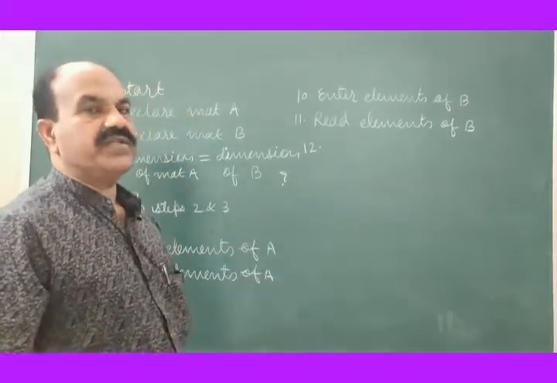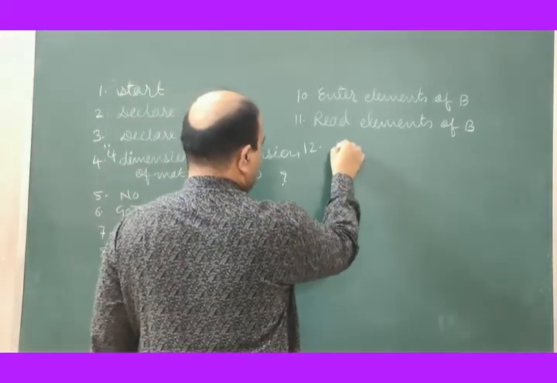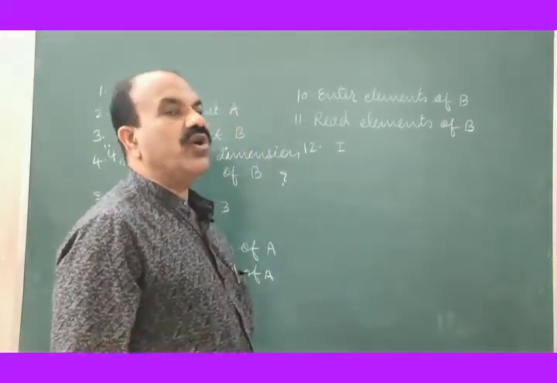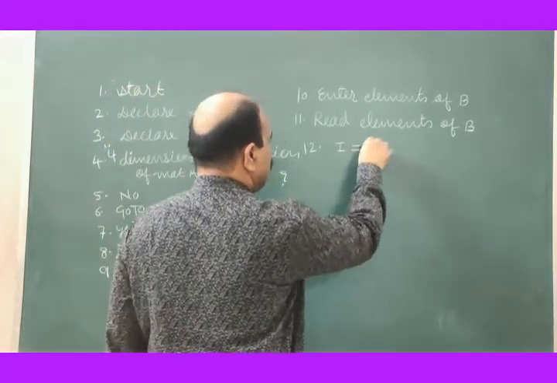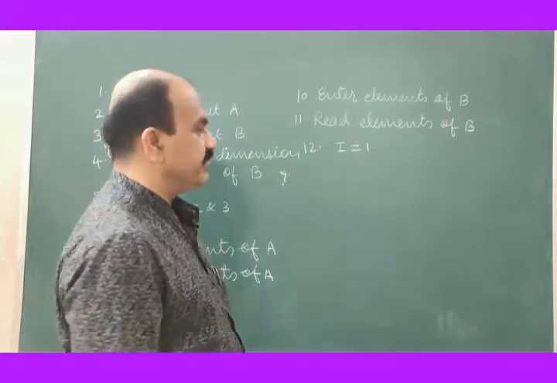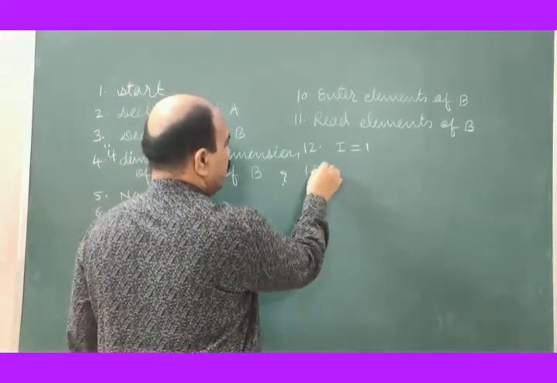Then we have to start the summation. Let us use I for row and take I is equal to 1. Declare first row.